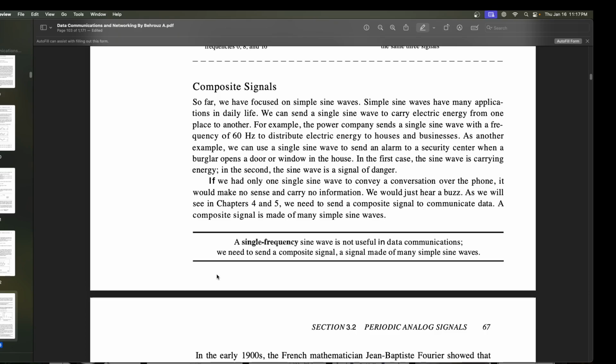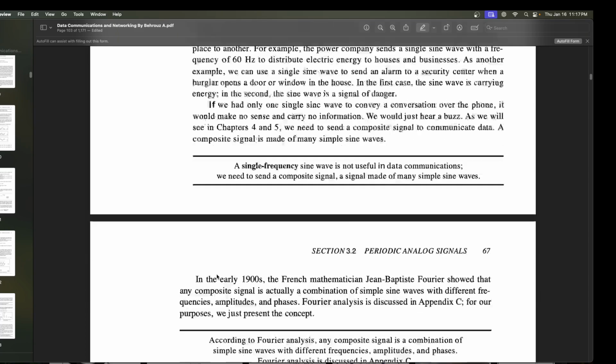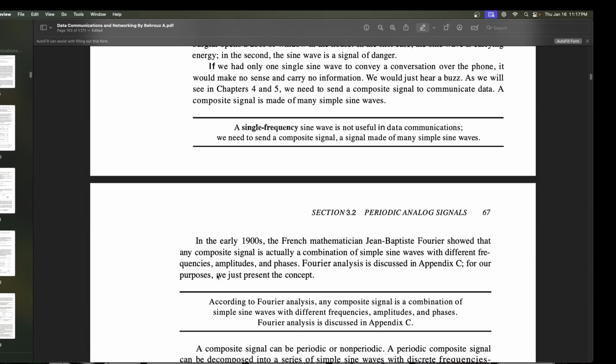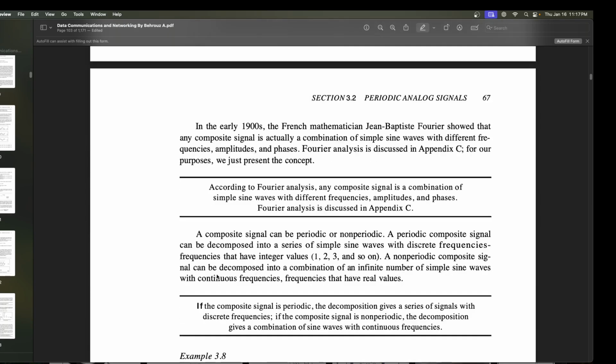To distribute electric energy to houses and businesses is one example, where the single sine wave carries energy. Another is an alarm, where the sine wave is a signal of danger. If you had only one single sine wave to convey conversation of a phone, it would make no sense. So what he's saying is we don't send single sine signals, we send a number of signals.